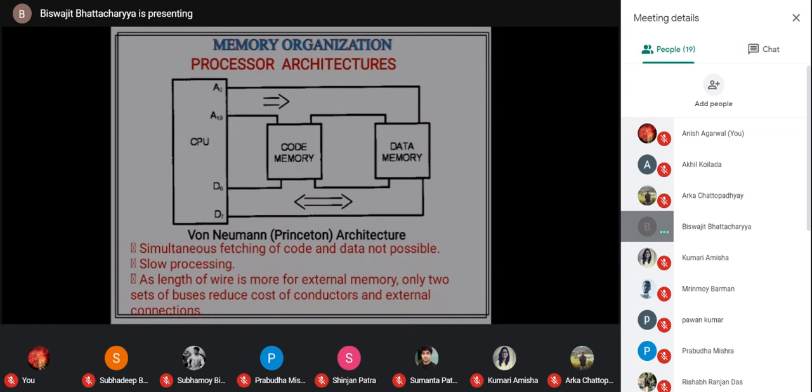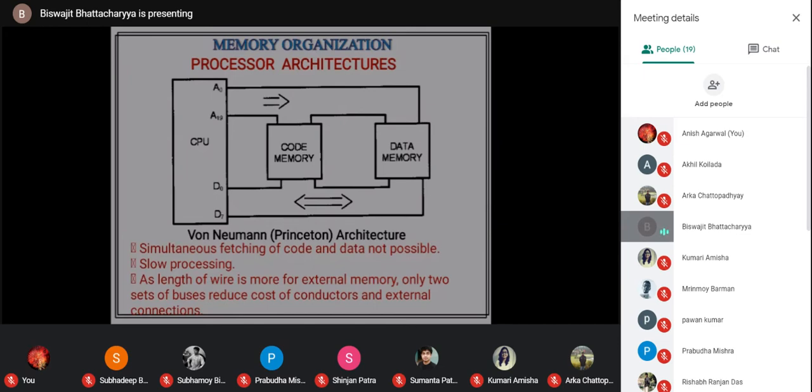Okay. Note how many sets of buses are there: two sets of buses. One common address bus for all the external devices, and one common data bus for all the memory chips.